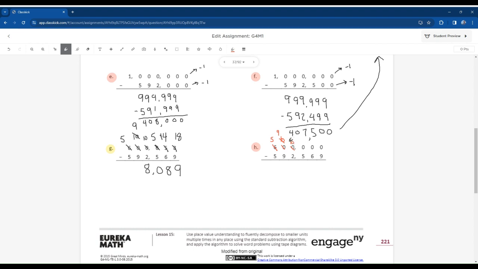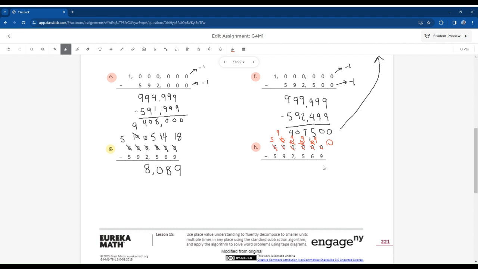In order to get some hundreds, I'll regroup 10,000s for 9,000s, 10 hundreds, regroup 10 hundreds for 9 hundreds, 10 tens, and finally 10 tens for 9 tens and 10 ones. I didn't do any subtraction here. I'm just reimagining what 600,000 would look like.